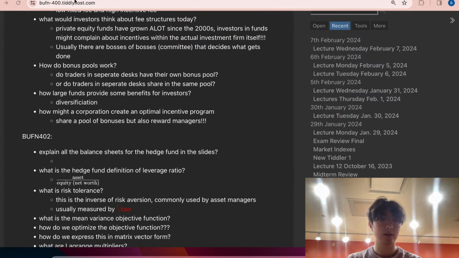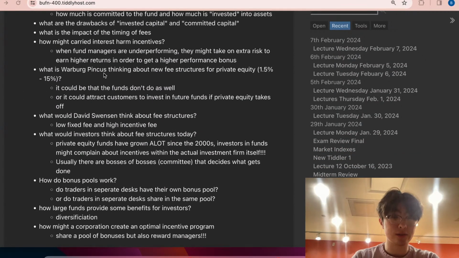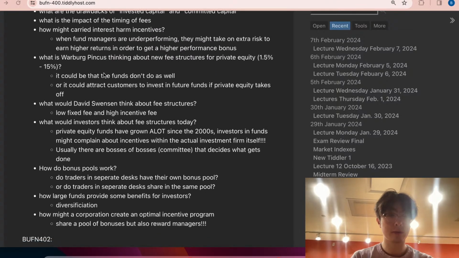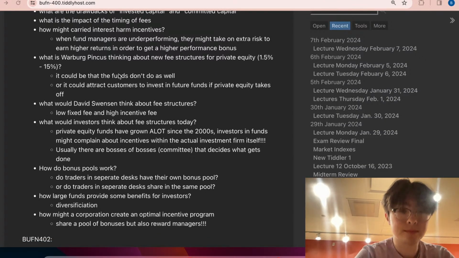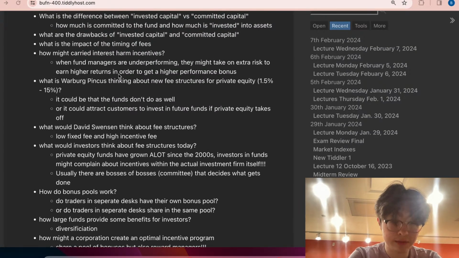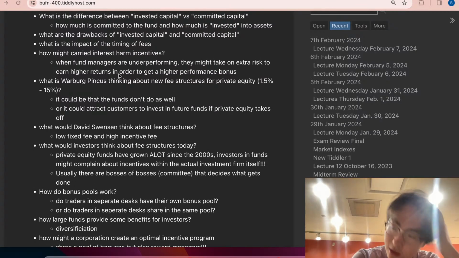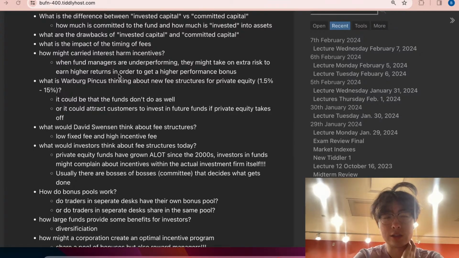Okay, it works now. Let's go back to this question about Warburg Pincus. Warburg Pincus is just an investment private equity fund manager. And this case we were reading about this week talked about Warburg Pincus in the 2000s, how they introduced this new fee structure for their private equity funds.